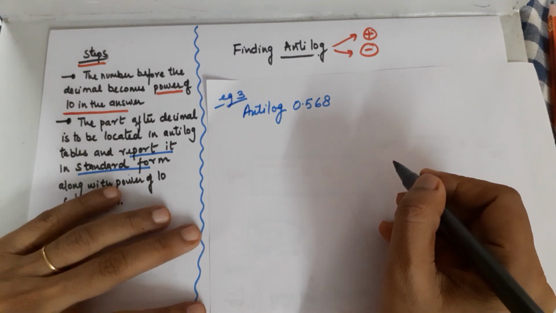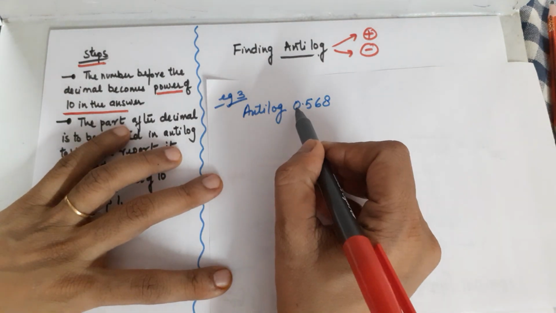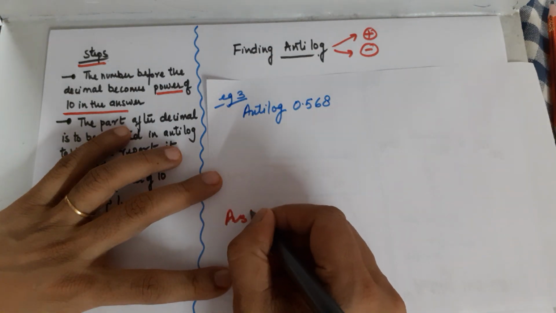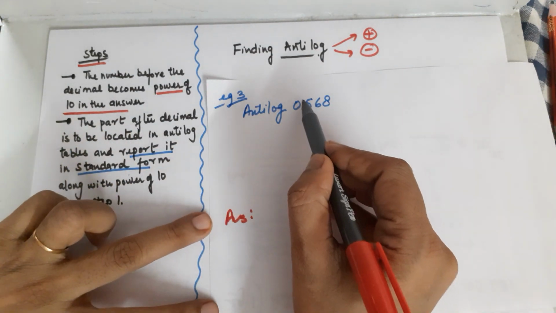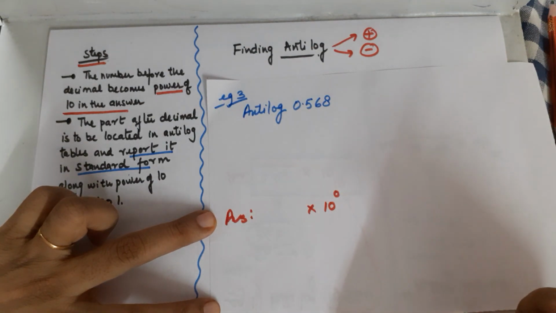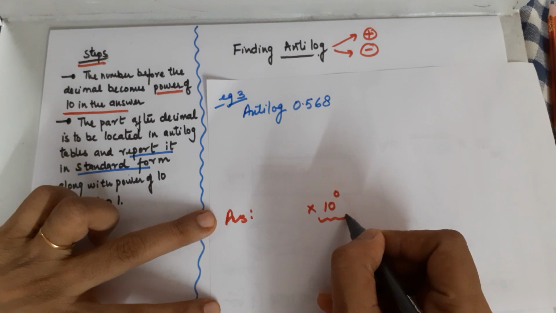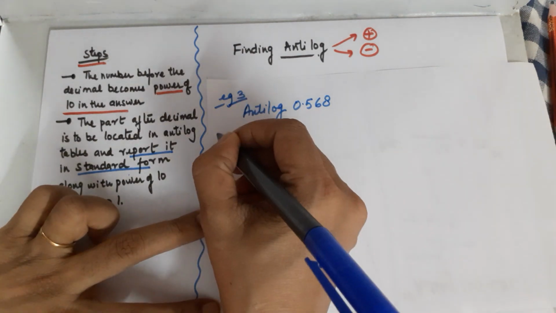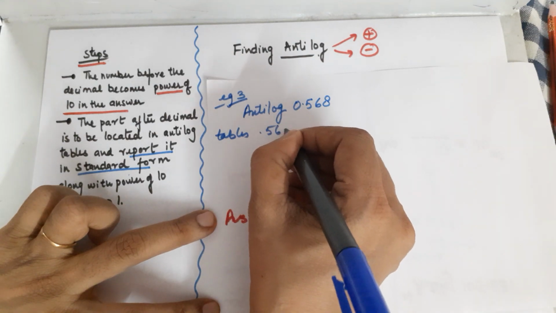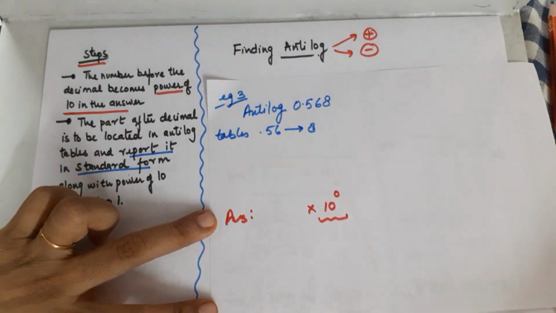Moving on to example number 3, you have to find the antilog of 0.568. Now as you very well know, the power of 10 is the number before the decimal. So your answer is 10 to the power 0, which is nothing but 1. You can ignore this. Now from the tables, you have to locate 0.56 in the 8th labeled column.